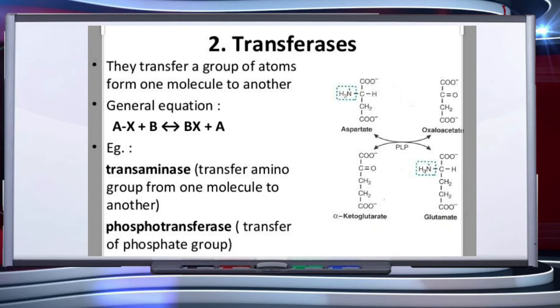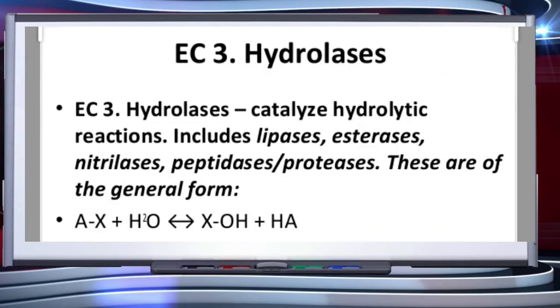The second class of enzymes is transferases. They transfer a group of atoms from one molecule to another. For example, transaminases transfer an amino group from one molecule to another. The third class of enzymes is hydrolases. These enzymes catalyze hydrolysis of ester, ether, peptide and glycosidic bonds.